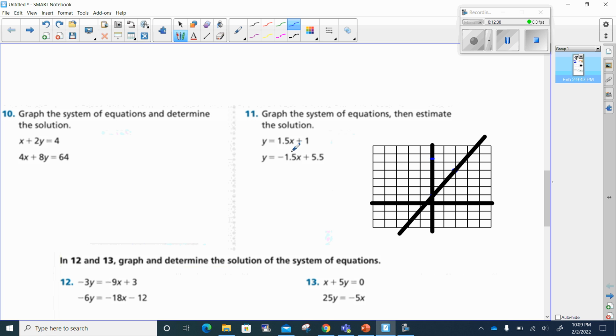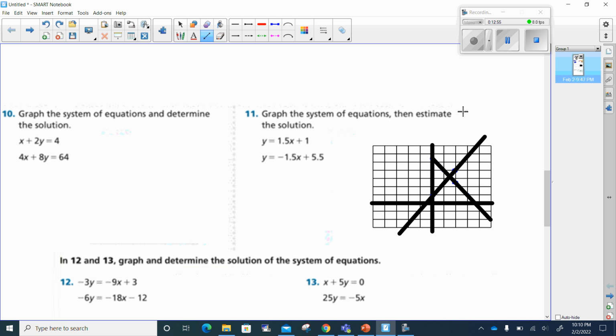And now it says minus 1.5, so I'll go down 1.5 and over 1, down 1.5 and over 1, down 1.5 and over 1. And this time when I make my line, it's going to come and run through these guys.